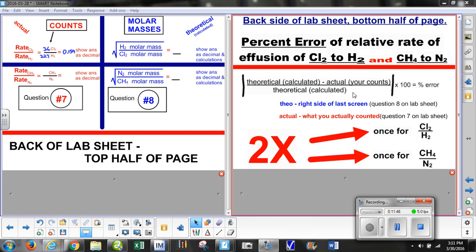Everything that you need to do the relative accuracy of what we're doing here is going to be told to you by using this formula and plugging in the numbers first from the top row and then from the second row. And that's why I say 2 times. Now I think we're done. Bye-bye.